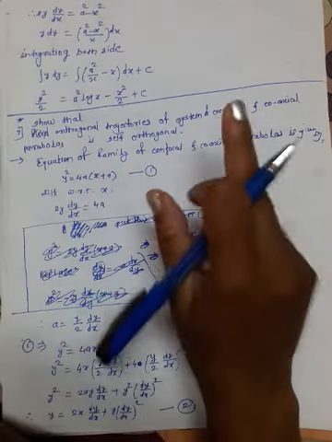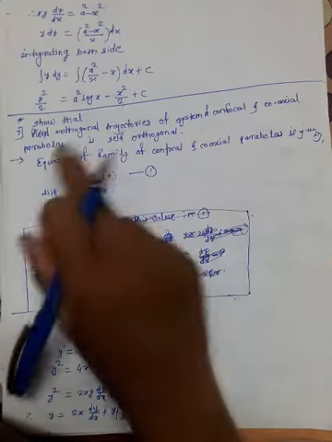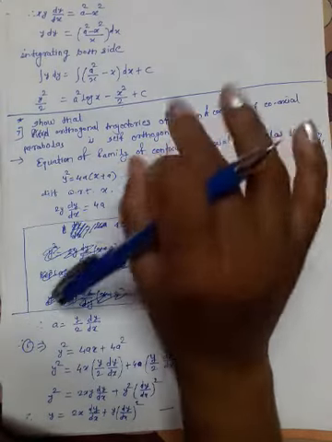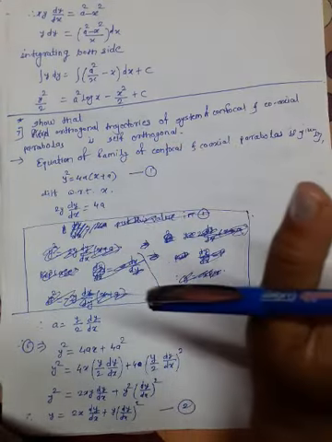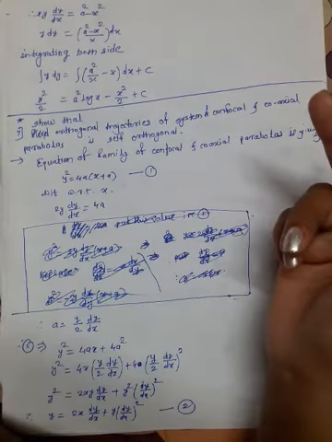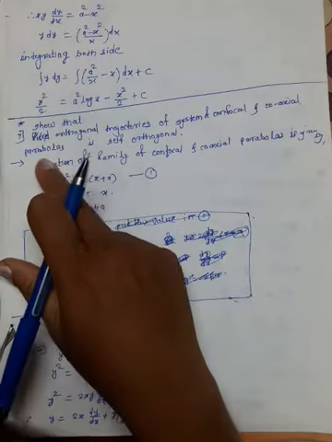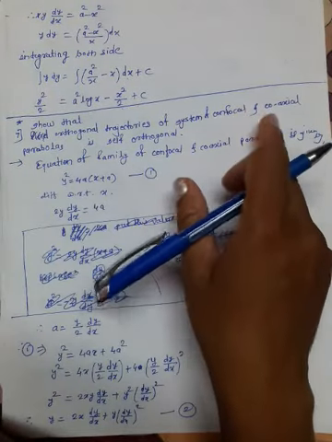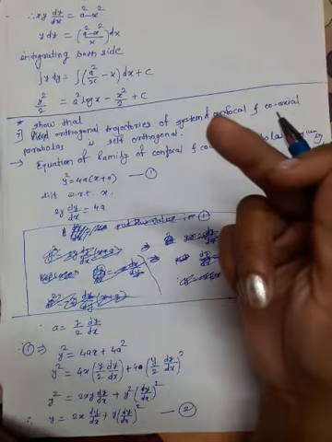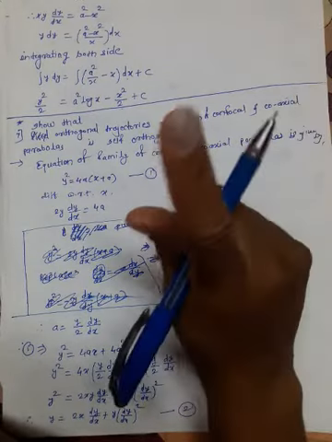We have to show that the orthogonal trajectories of the system of confocal and coaxial parabolas. First of all, the equation of confocal and coaxial parabolas is not given in the example. We have to know, we have to memorize, the equation of confocal and coaxial parabolas, and after differentiating the given equation, we get one equation.